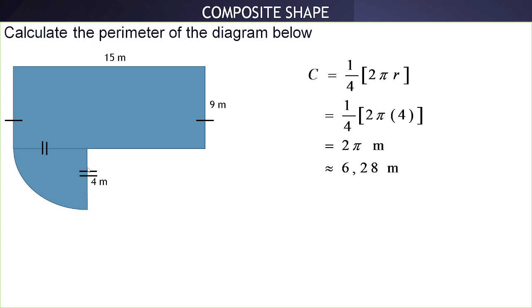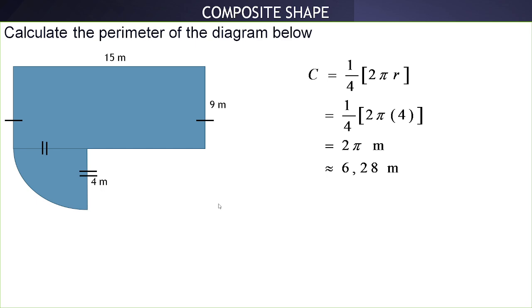The radius will be 4 meters. That is why we substituted 4 meters as the radius. Then we simplify the expression and we get 2 pi meters. That will be the distance that goes along the arc of the quarter of a circle. If you round it off to 2 decimal places, that gives us 6,28 meters. So now we know the distance along the arc of that quarter of a circle.